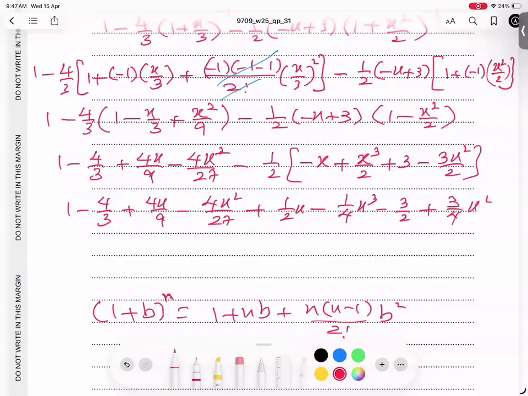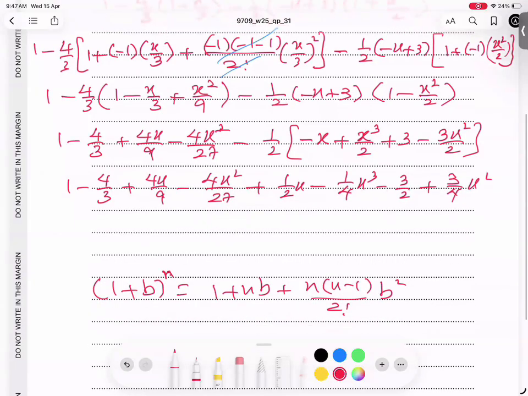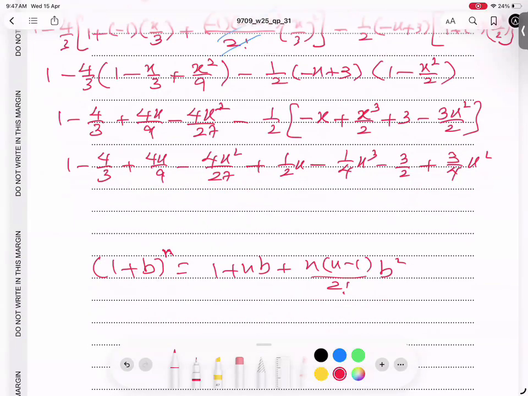How many values, students, do we have without x? These two values without x. If I check it, 1 minus 4 over 3 and minus 3 over 2, I'm getting negative 11 by 6. Negative 11 by 6. Okay.